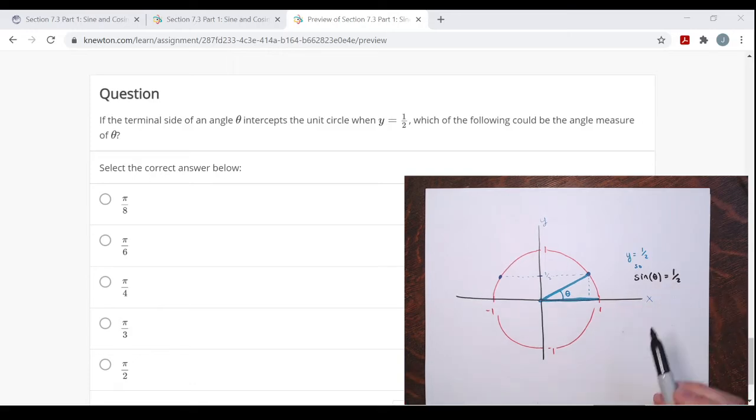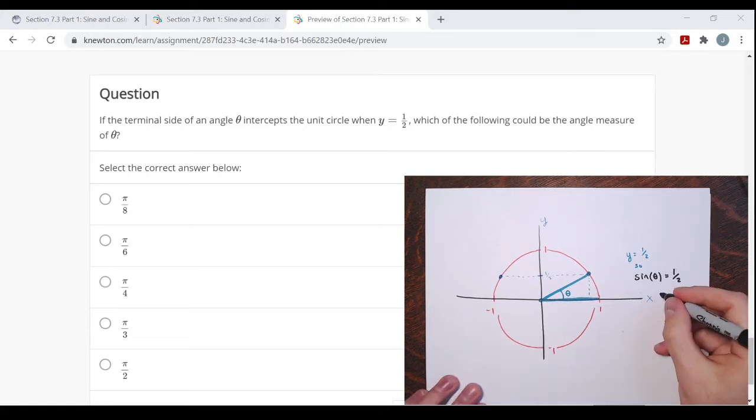There was a half, square root of 2 divided by 2, square root of 3 divided by 2 that showed up in my little drawings earlier with the 30-60-90 and 45-45-90. What angle that I went over had a sine that was equal to a half? Well, the only angle I mentioned earlier with a sine of 1/2 was 30 degrees. Right, 30 degrees. So theta could be equal to 30 degrees.